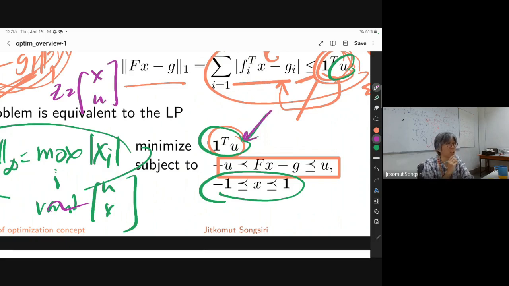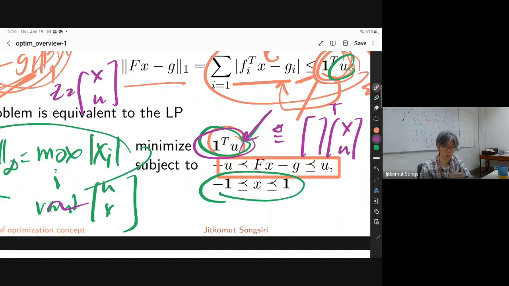The cost objective is 1 transpose u. Is it linear in z? If it's linear, you must be able to express it as a constant vector c transpose times z. Is it a linear function in the variable? Okay, what is the vector c?